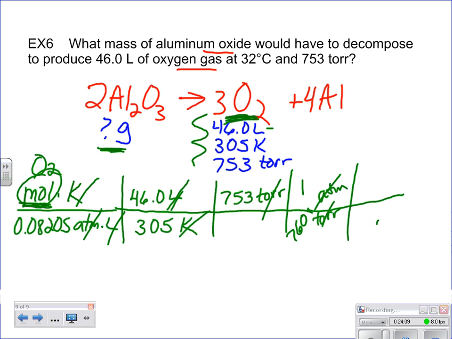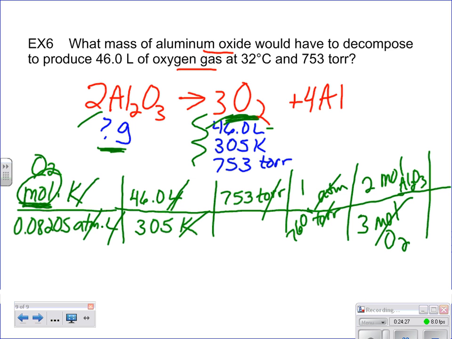We're going to get rid of our moles of oxygen and go to moles of aluminum oxide. So we look at our balanced equation. 2 goes with the aluminum oxide, 3 with the oxygen. Now we have made that big jump over to that stuff. Now that we have it as moles of aluminum oxide, it's really easy to just take it to grams.